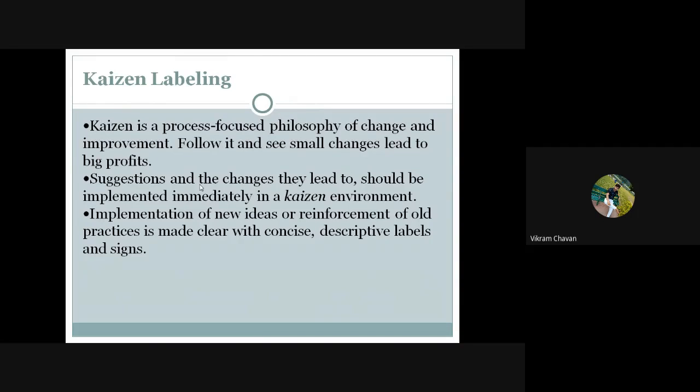Full stop. Follow it and see small changes lead to big profits. Full stop.